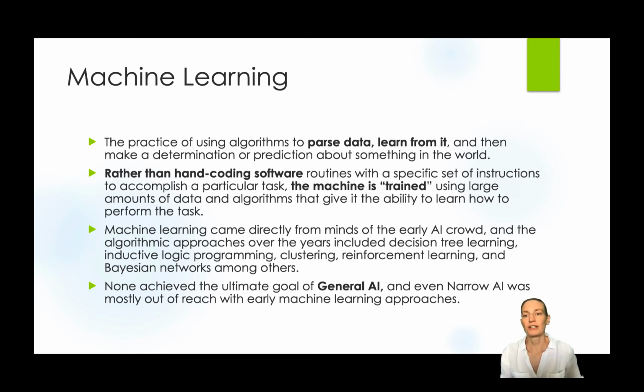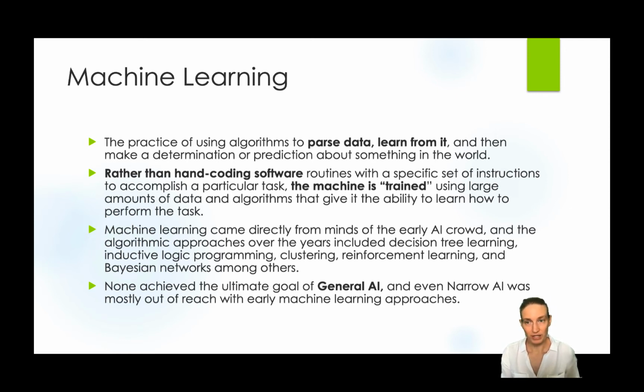So machine learning, the idea actually comes from these early AI people that I talked about in the last class. But a lot of the advances have been made in recent years simply because now we have the computing power, we have the big data through the internet, increased storage capacity, and we have GPUs to process all this data.